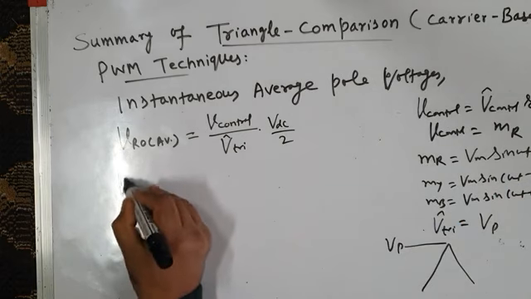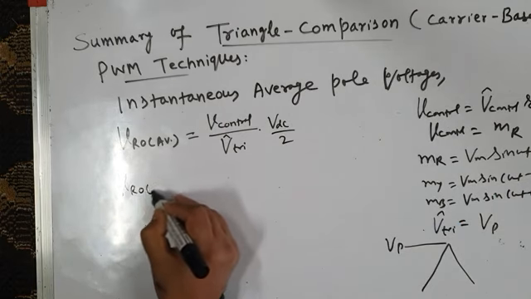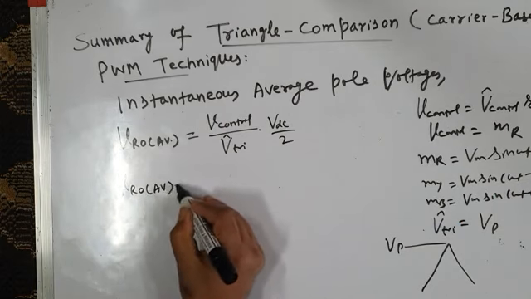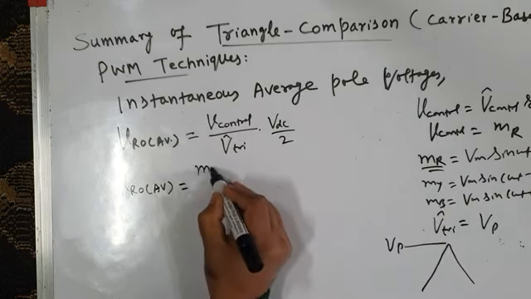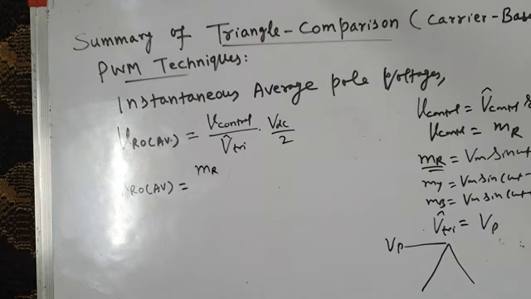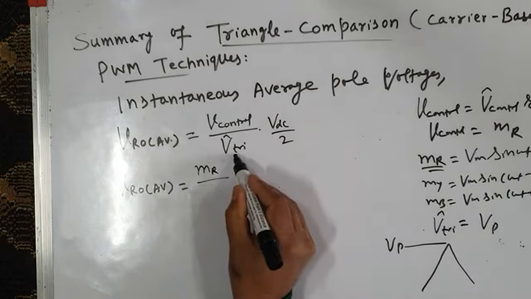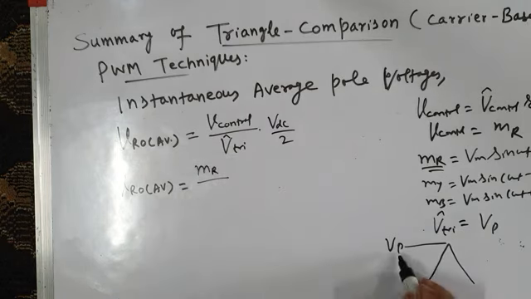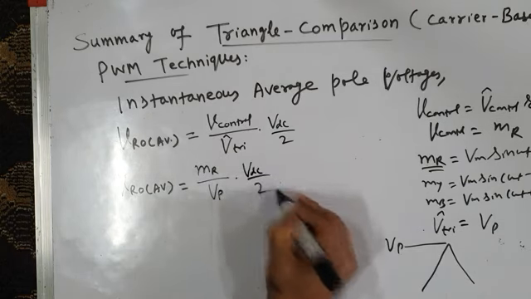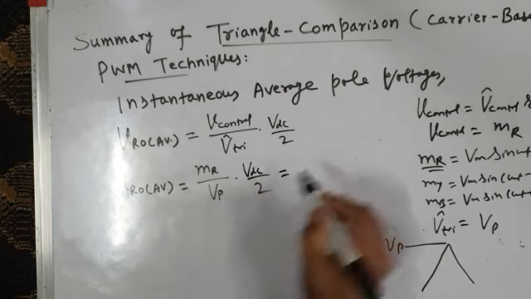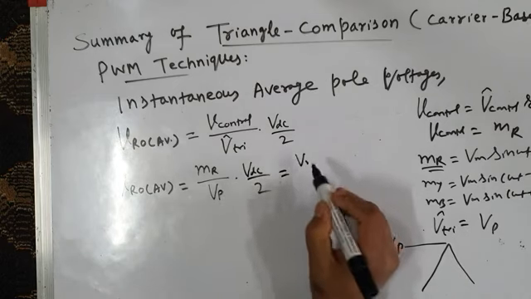Therefore, the instantaneous average value of pole voltage VRO will be equal to, what is this V control? V control is MR, the modulating wave, divided by VTRI, the peak of the triangular carrier wave, which is VP. So MR by VP into VDC by 2. And we already know MR is VM sine omega t.